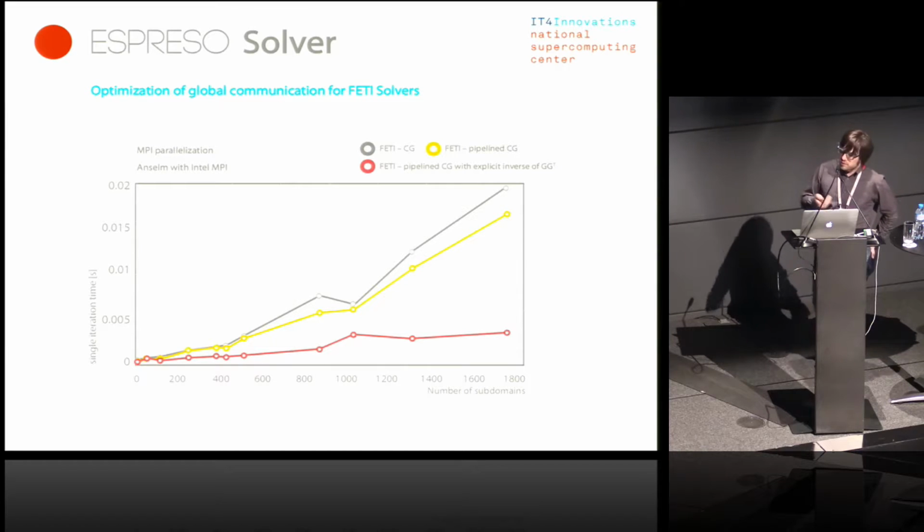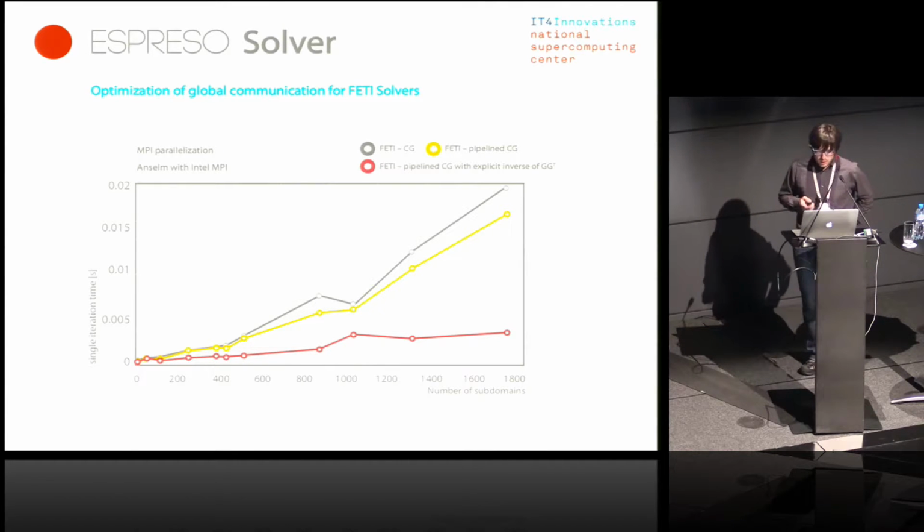It also parallelized the processing of the Coarse problem, which gives us the biggest benefit, as we can see here.